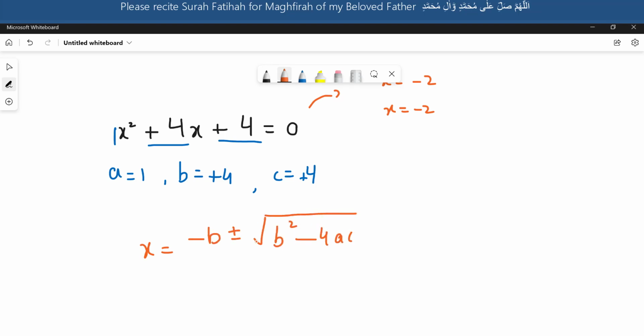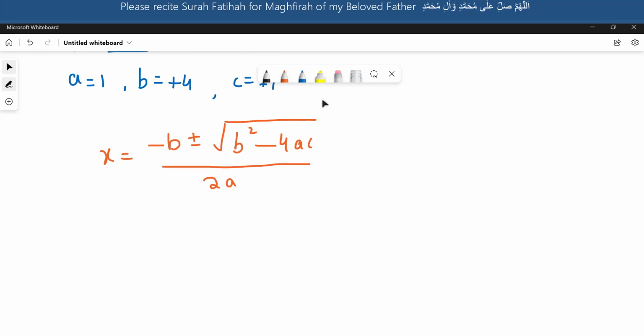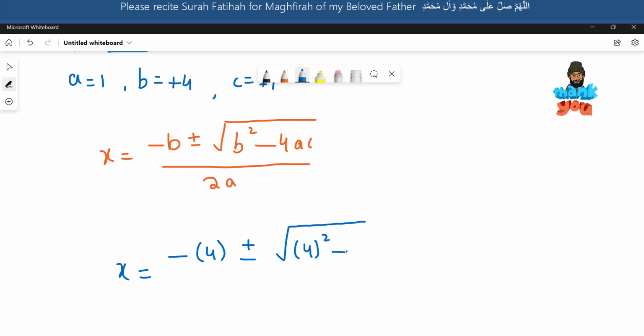Using b squared minus 4ac upon 2a. The value of a here is 1, b is 4, and c is also 4. x equals minus 4 plus or minus the radical of 4 squared minus 4 times 1 times 4, that's 4ac.